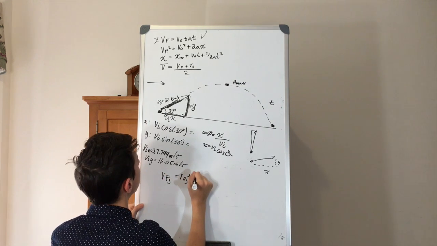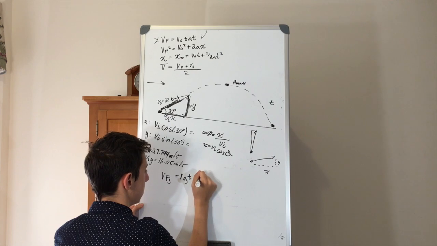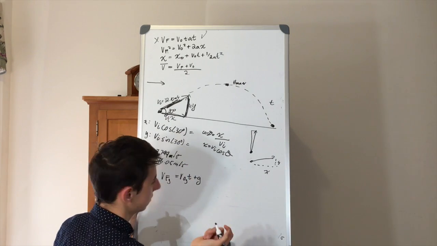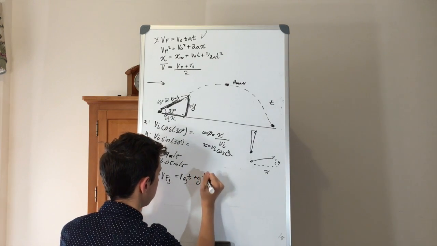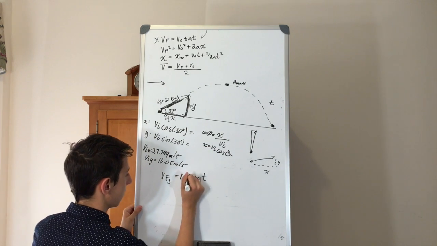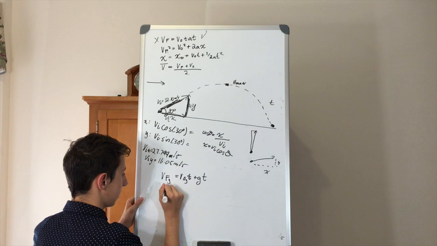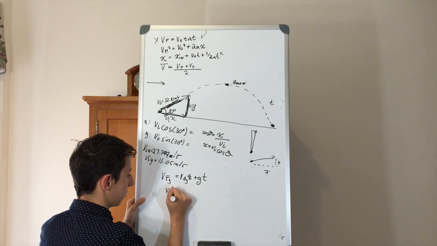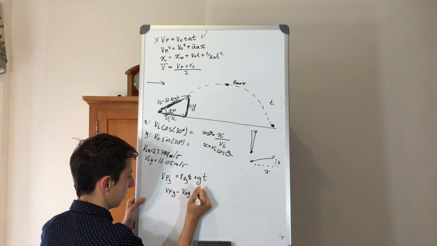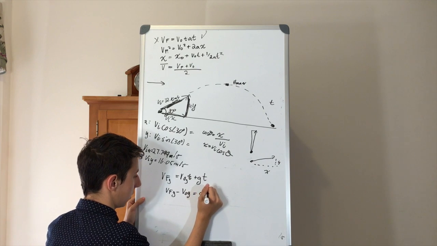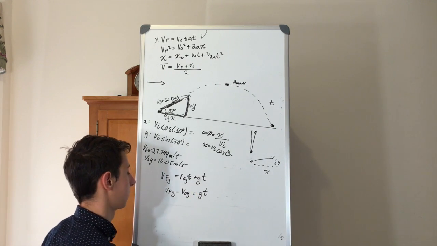Plus g, because acceleration in the y is the gravity, times time. So looking at it, we can subtract over. We have v final y minus v initial y is equal to g times t.